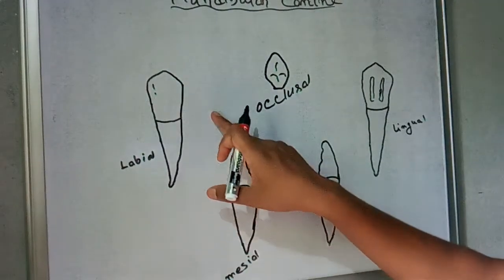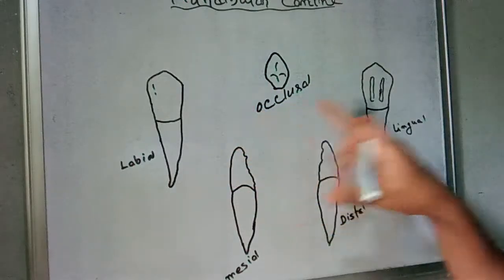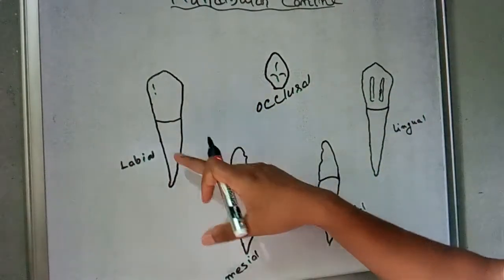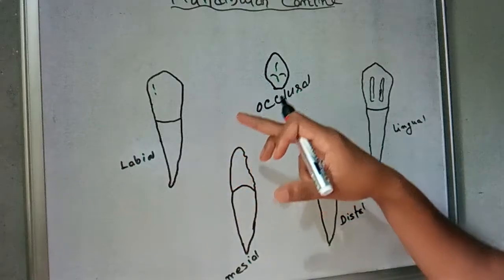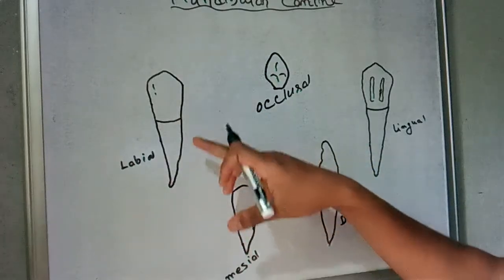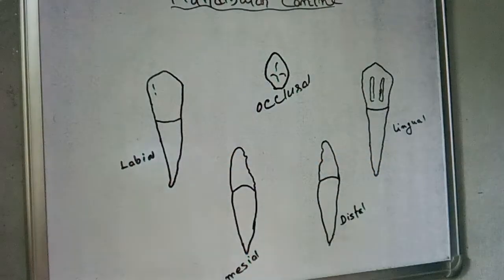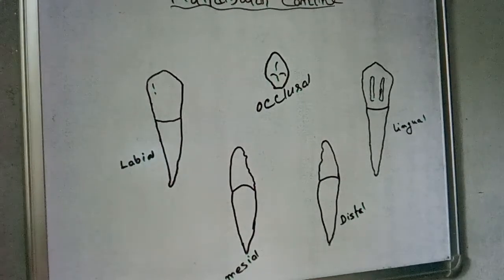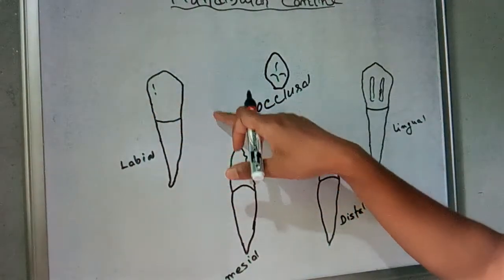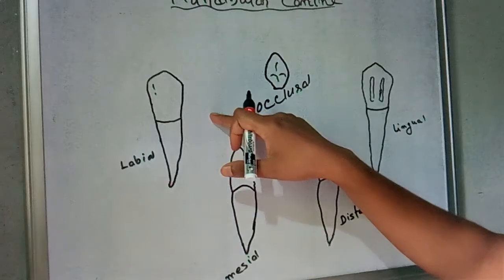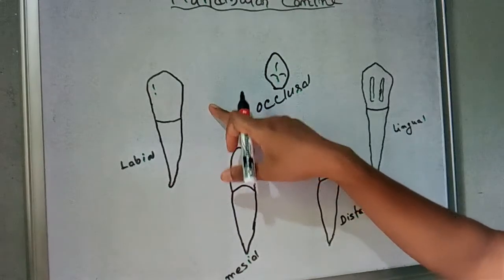The mesiodistal dimension of the mandibular canine is less than that of the maxillary canine. The mesial outline of the crown of the mandibular canine is nearly straight.